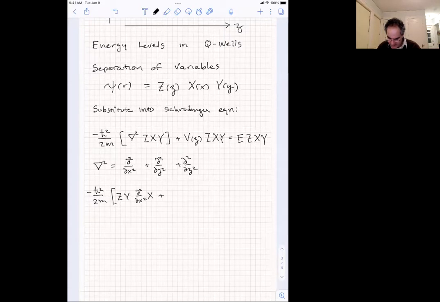Plus we have z times the x function times the second derivative with respect to y of the y function, plus x times y times the second derivative with respect to the z coordinate of the z function.